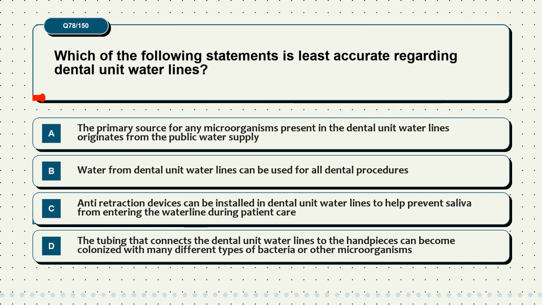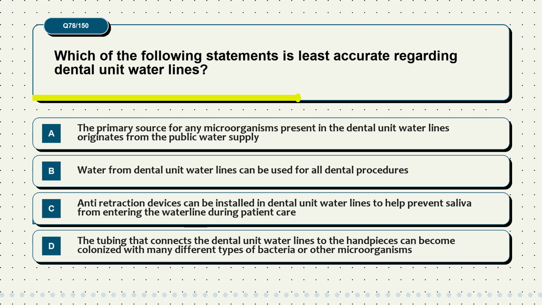Question 78. Which of the following statements is least accurate regarding dental unit water lines? Here are the options. Option A, the primary source for any microorganisms present in the dental unit water lines originates from the public water supply. Option B, water from dental unit water lines can be used for all dental procedures.